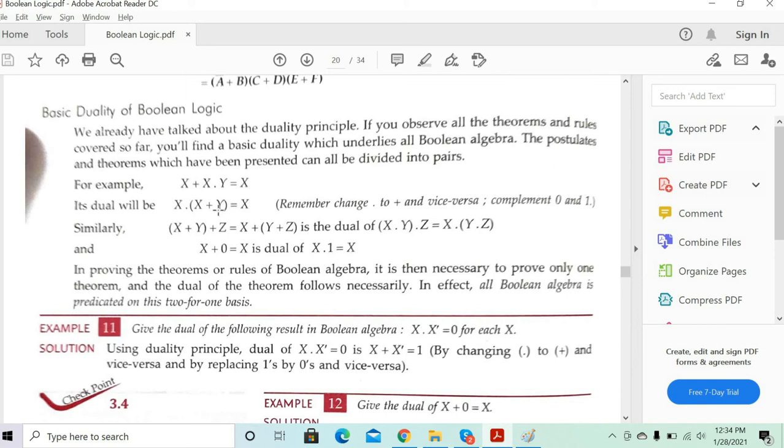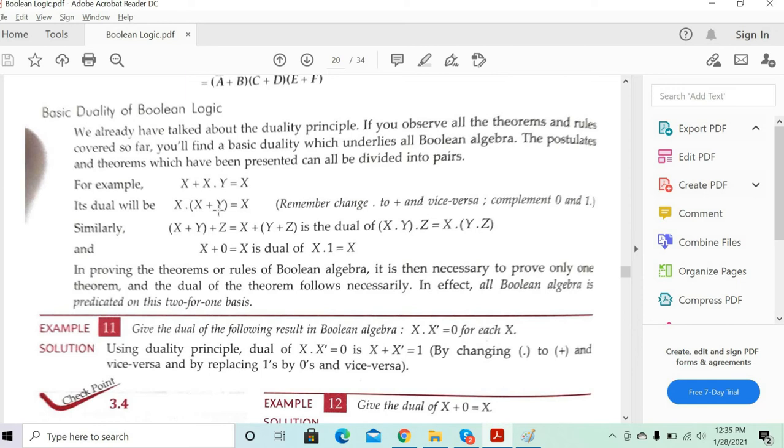So 1 into x will always be x only. Correct? So all the time, whether you are doing x plus x y, that answer will be x only, and whether you are taking x dot x plus y, answer will be x only. Clear? Yes, sir. Clear. Excellent.